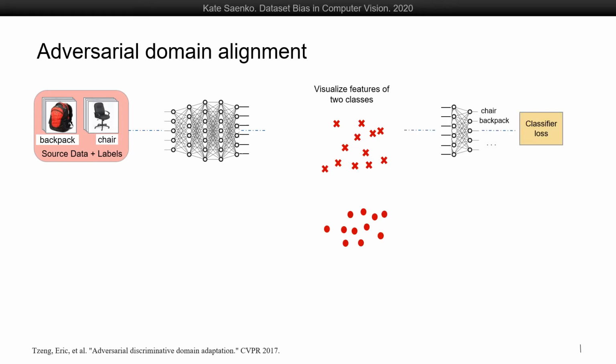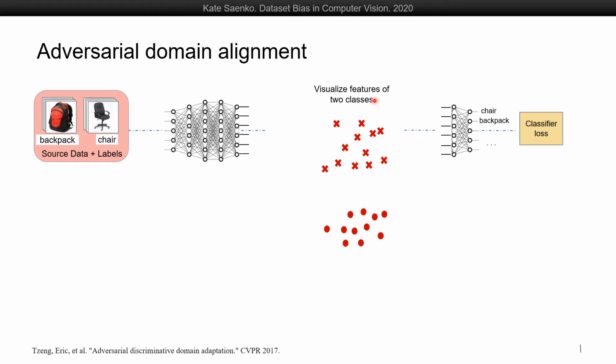Now, let's separate our neural network into the feature encoder part and then the classifier part. For the purposes of this talk, let's just assume the classifier is the last layer of the network. And then the feature encoder outputs the second to last layer, and it outputs some feature representation that's then fed into the classifier that makes the final prediction.